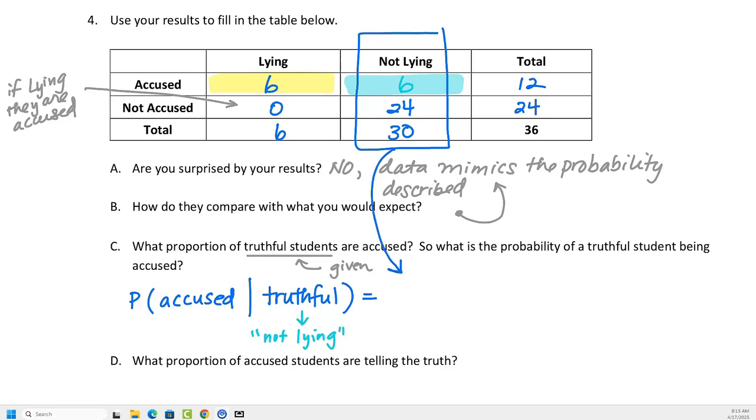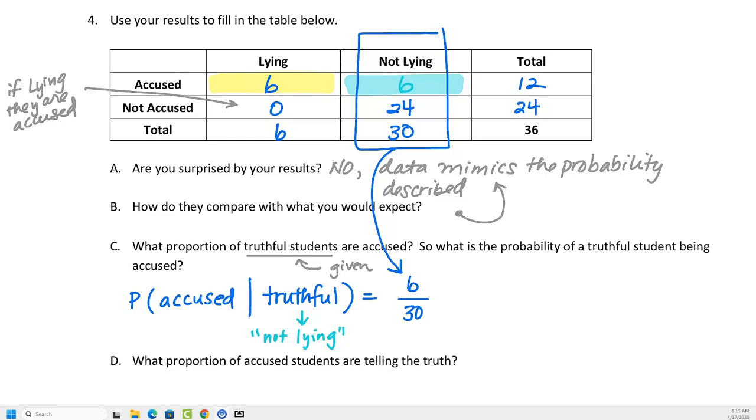So how many in that column are accused? 6. And how many are there total in that column? Because remember, when I have a given, you're just focused on that column, okay? So you're not going to use the grand total, you're just going to use the total for the column.